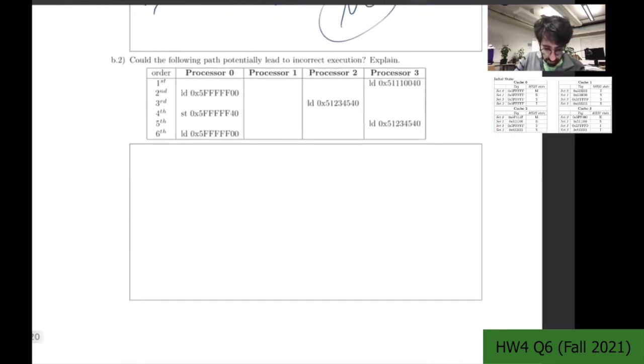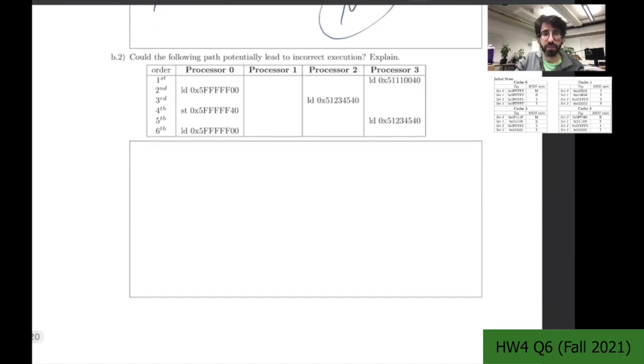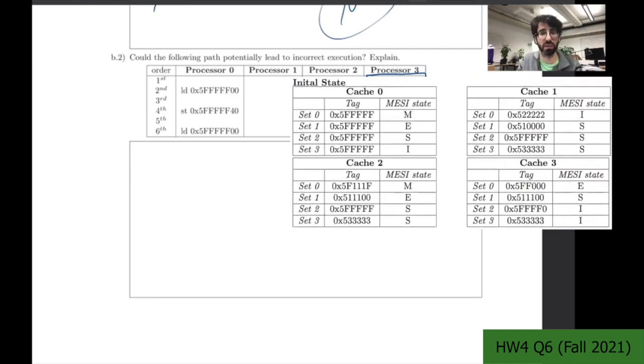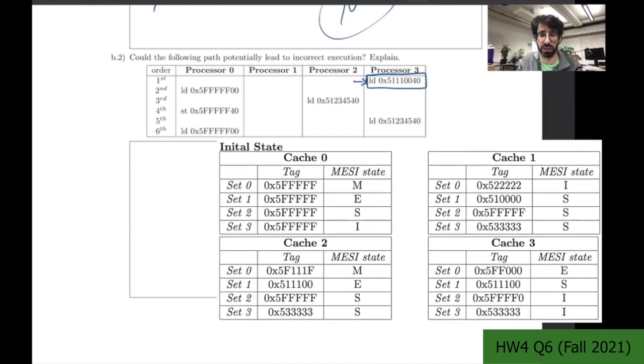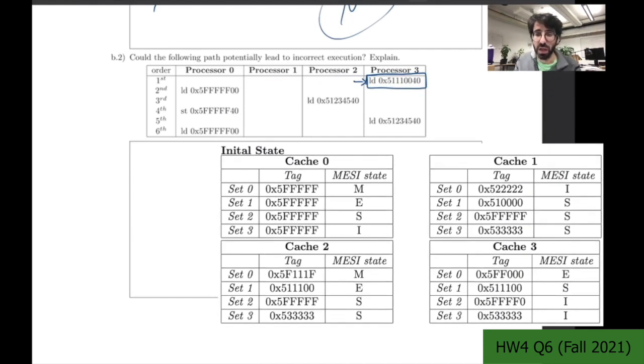So let's go to the following question. Could the following path potentially lead to incorrect execution? Explain. So let's do the same. Let's start with the first instruction, executing on processor 3, which is the instruction that was struck, the cache line that was struck by the cosmic rays.